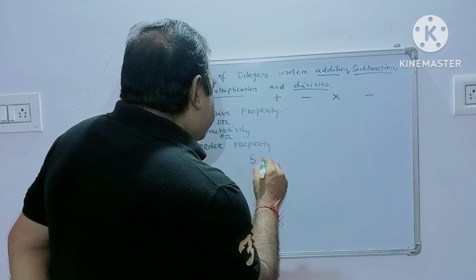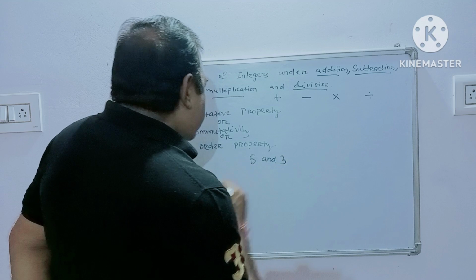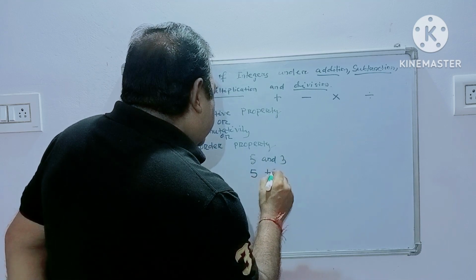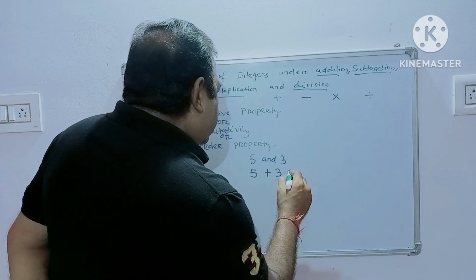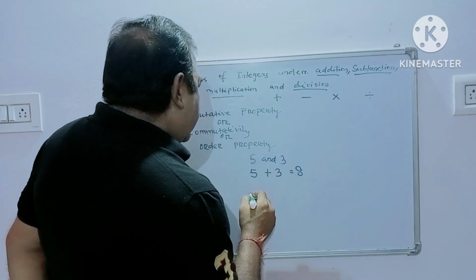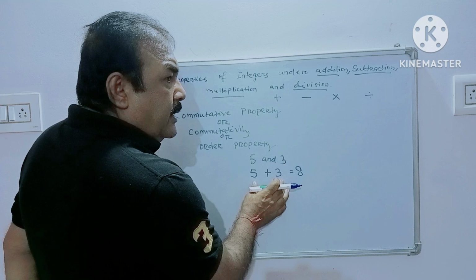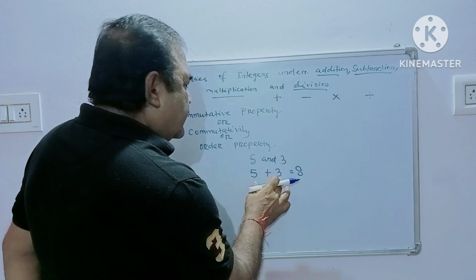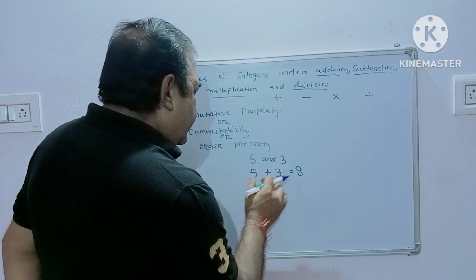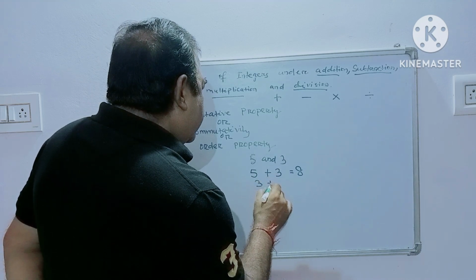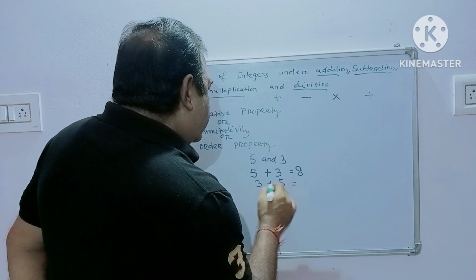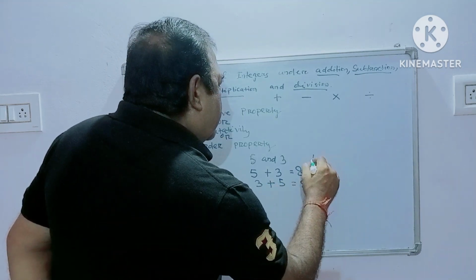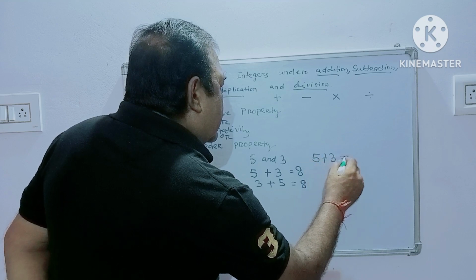5 and 3. So you see, if you write 5 first, then 5 plus 3, this will be 8. And again you change the order of the integers. In the first place there was 5, and in the second place there is 3. So bring 3 first, then you write 5. So 3 plus 5 is equal to 8. So what did we know? 5 plus 3 is equal to 3 plus 5.